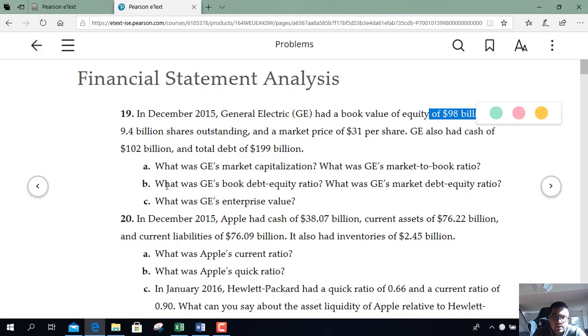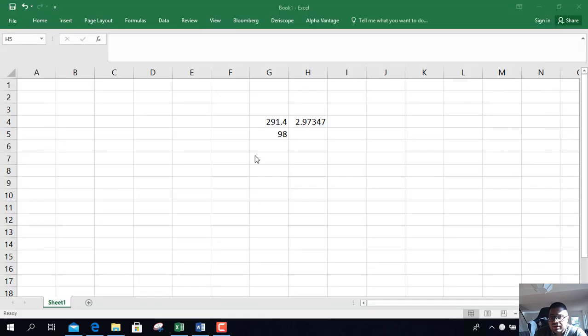Okay. Next, what was GE's book debt to equity ratio? What was GE's debt to market equity ratio? So how do you calculate that?